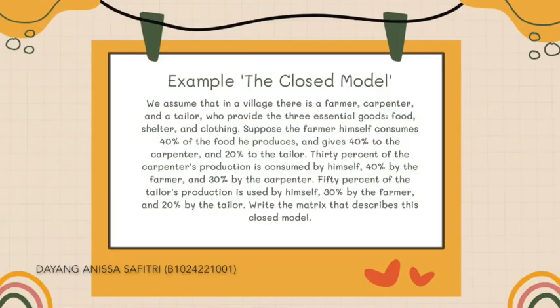And this is an example of closed models. We assume that in a village there is a farmer, a carpenter, and a tailor who provide the three essential goods: food, shelter, and clothing.